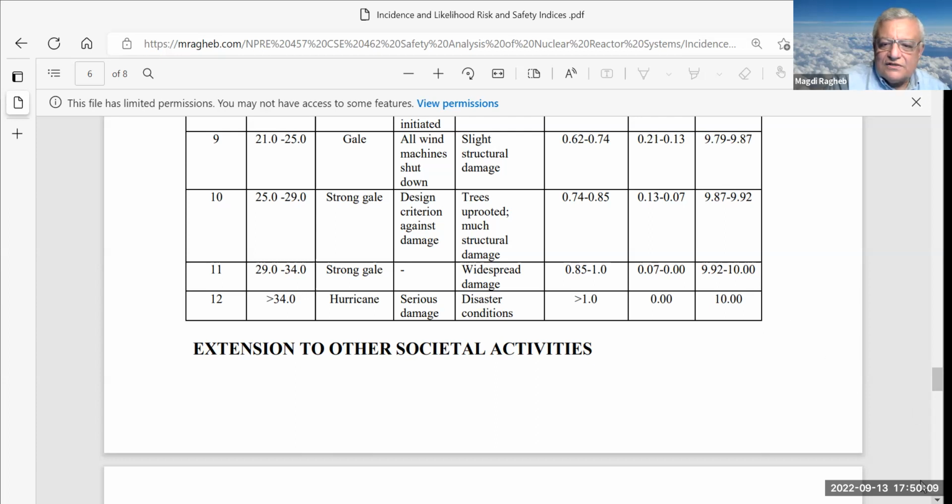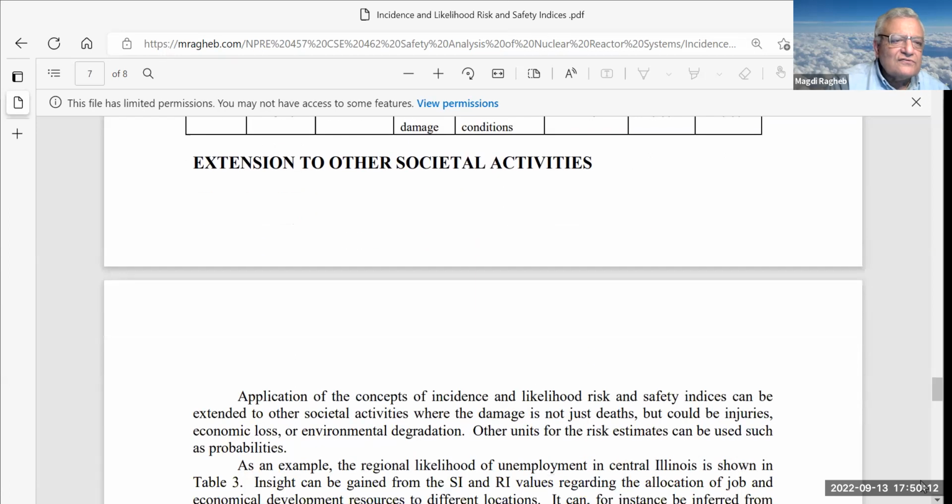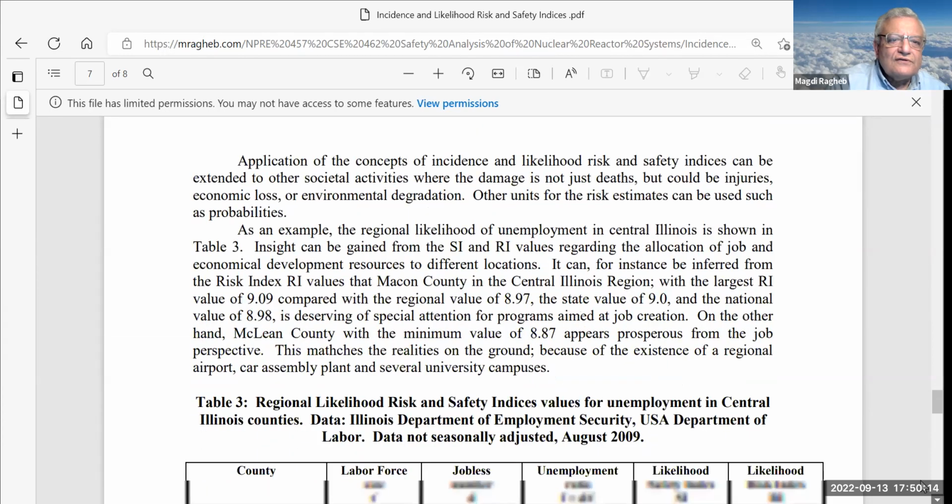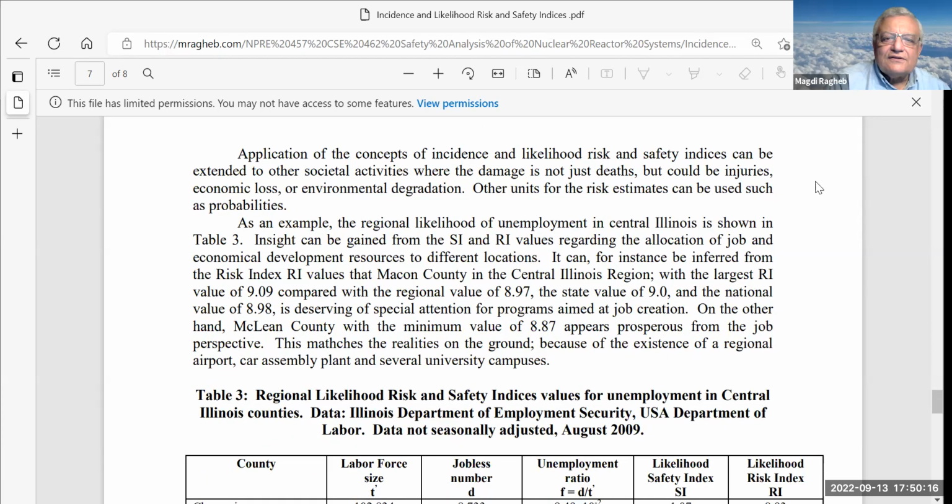We can switch these ideas also to other social activities. You'll find that by redefining the activity on a scale of 0 to 10, we can apply it in a more convenient way. For instance, let's take the case of the likelihood of unemployment in central Illinois.